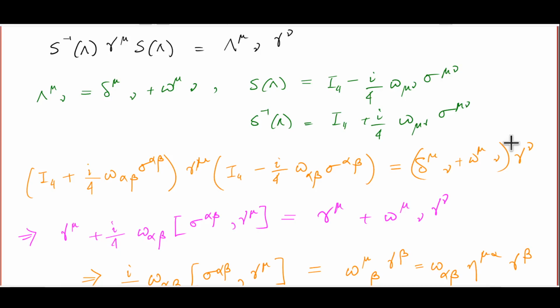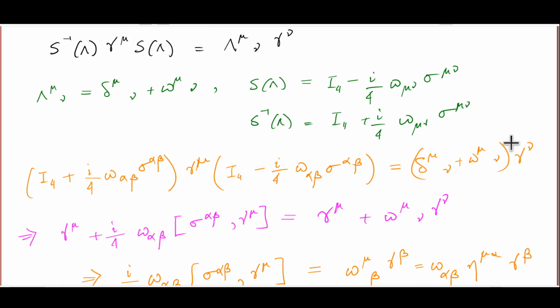All these expressions have been written to first order in omega. So if we just plug this into our expression, we get I4 plus i by 4 omega alpha beta sigma alpha beta, times gamma mu, times I4 minus i by 4 omega alpha beta sigma alpha beta, equals delta mu nu plus omega mu nu, times gamma nu.